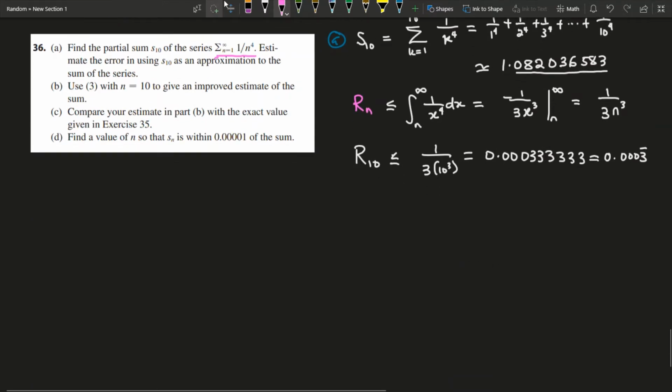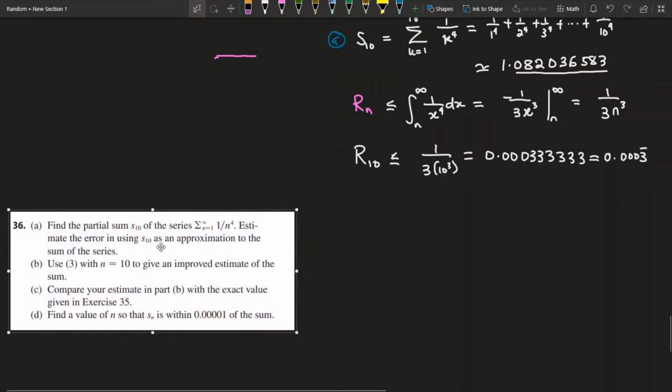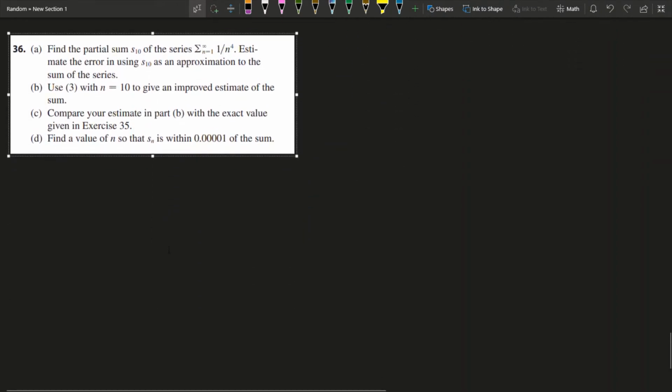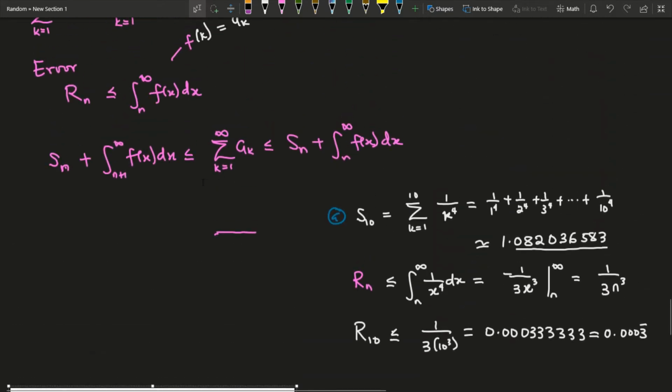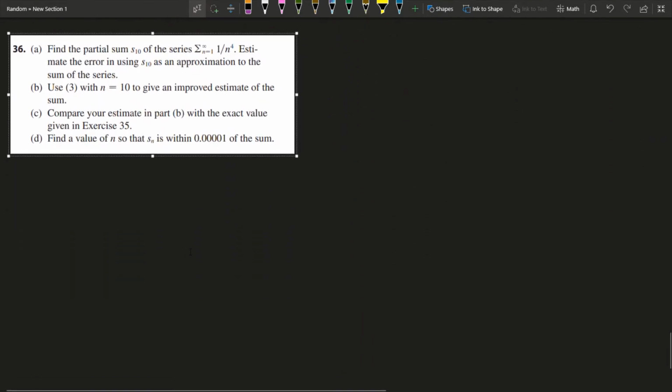So part B, maybe let me drag this down. Part B says use 3 with n equals 10 to give an improved estimate of the sum. So 3 is actually this bound that traps the actual sum between two numbers. So let's use that.